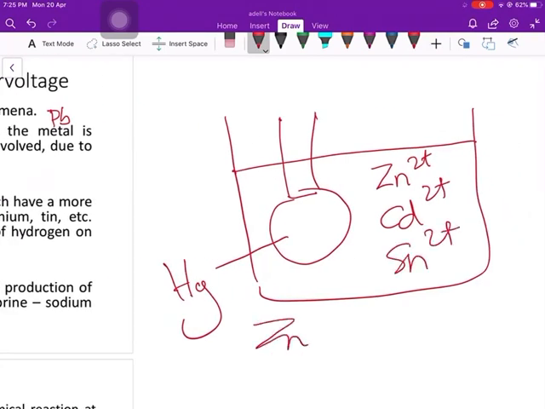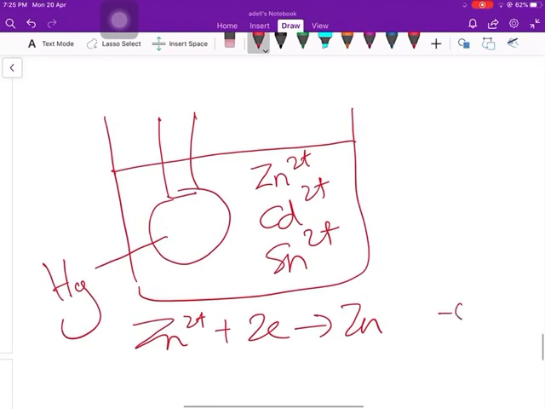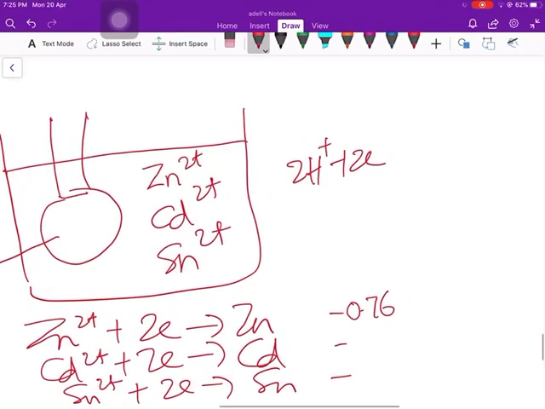For zinc to reduce, the potential is negative 0.76. Cadmium, not stannum, all these have negative values. For hydrogen it is 0 volt.